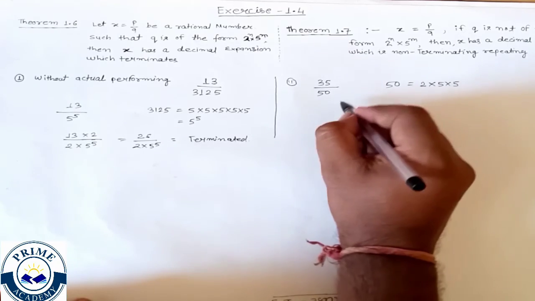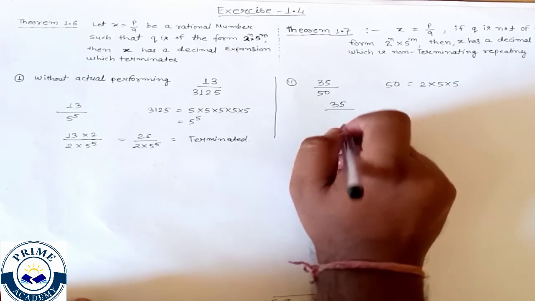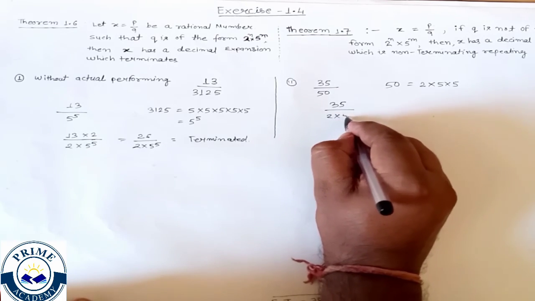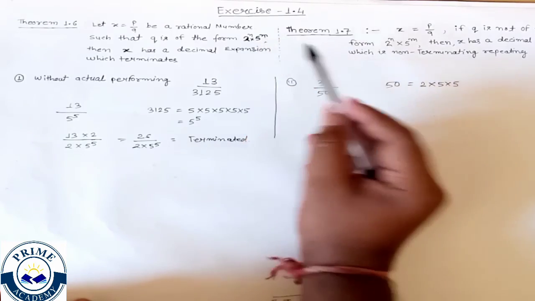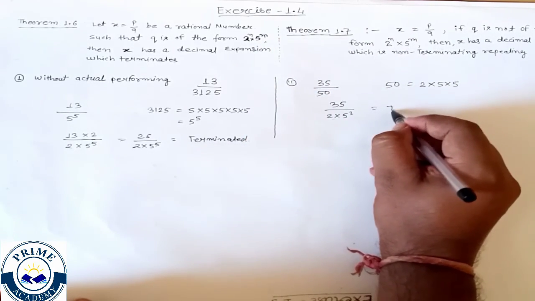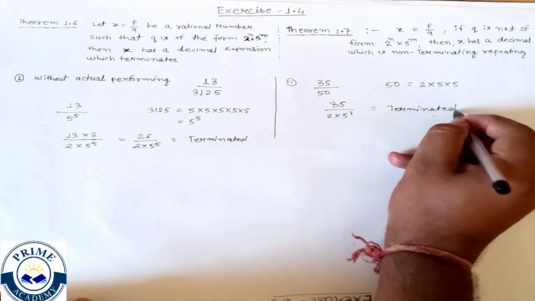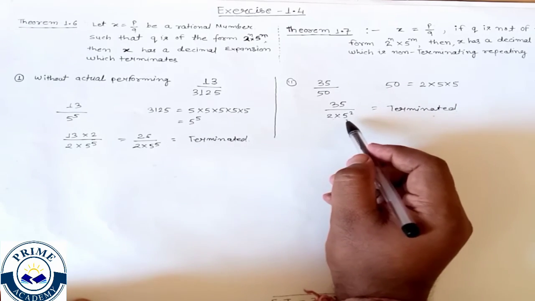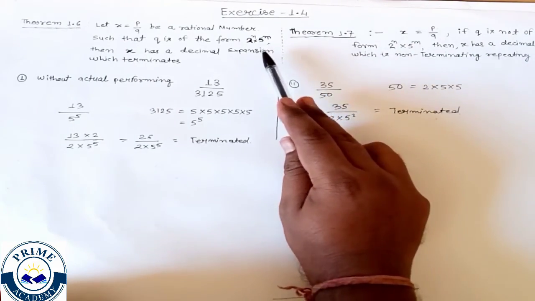Your numerator value is 35 and the denominator is 2 into 5 into 5. So this is again in the form of this, right? So this is terminated. So easily you can perform.